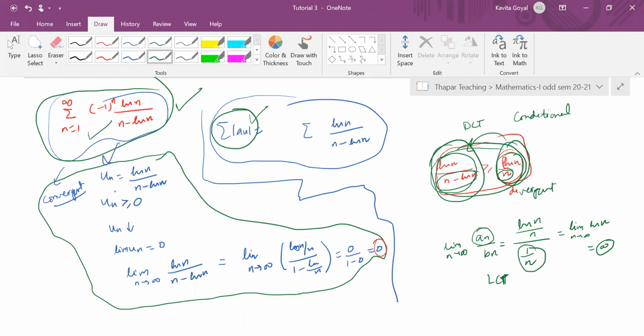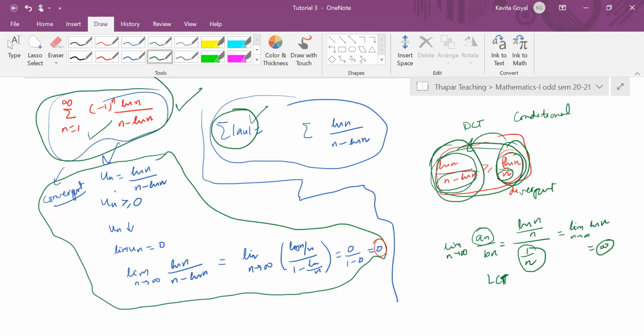But in the question you are asked whether it is absolutely convergent or conditionally convergent, so your answer should be conditionally convergent. In a broader sense, conditional convergence includes convergence. So here you will write conditionally convergent.